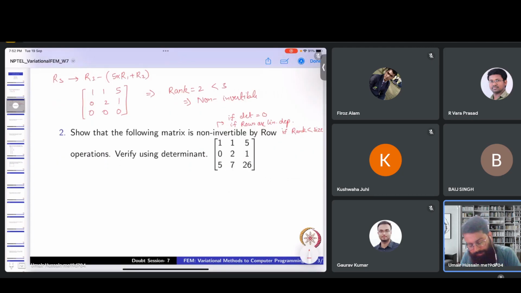And you can just simply check by determinant also. We have 52 minus 7 is 45, minus 5, sorry, this should have been minus 5.